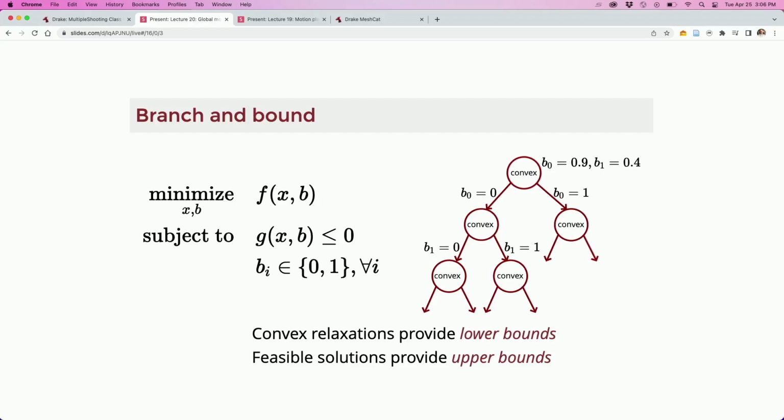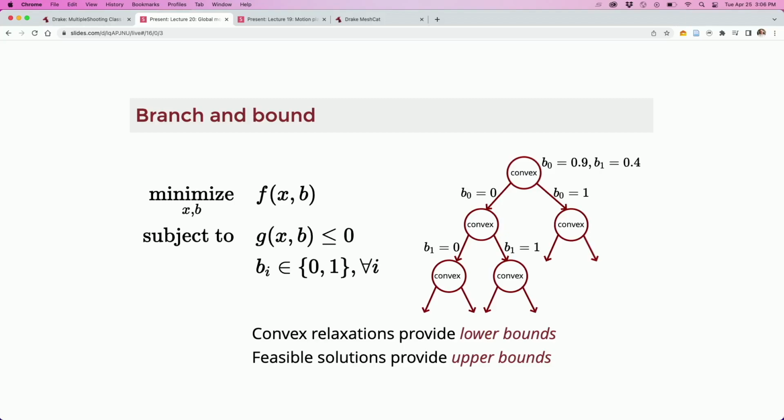I relax that into between 0 and 1. So I made the problem easier, I might get a lower cost. If I find a solution that has binary variables that may or may not be optimal, it gives me an upper bound. If I can find any solution that's binary feasible, that gives me an upper bound.